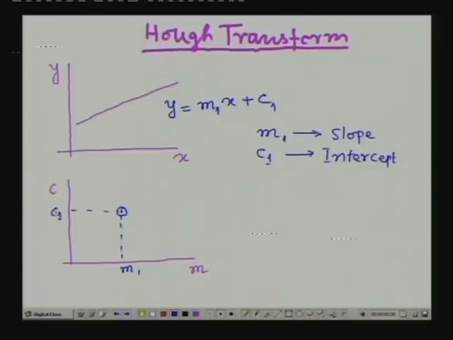So, you find that when I map a given straight line in the spatial domain to the parameter space, a straight line gets mapped to a single point.